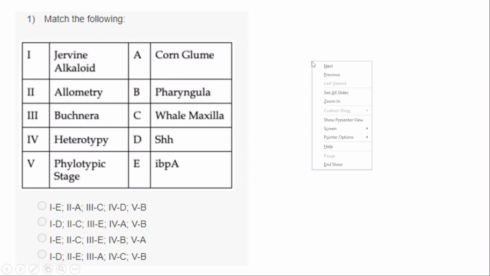Yes, so this was question number 1. Match the following. Germline, I know that's okay. Developmental is okay. Then Buchnera is a symbiotic gene, so it goes along with the pea plant.